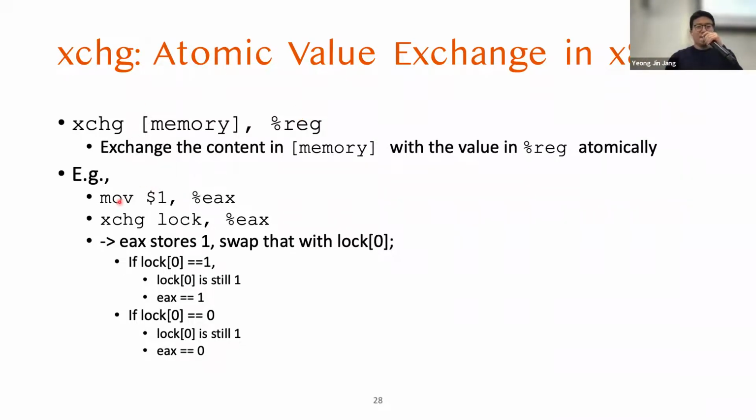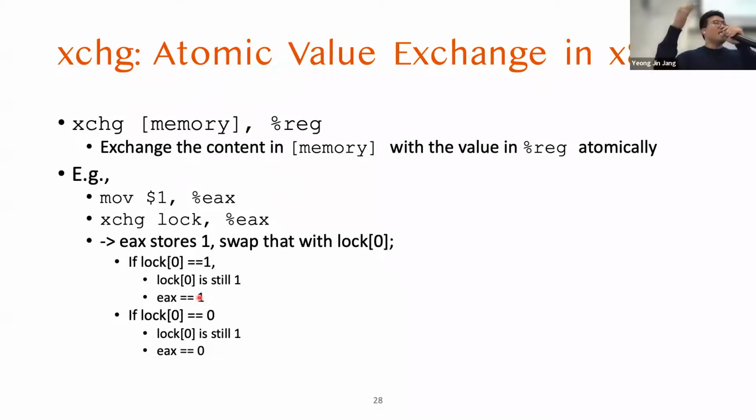For example, we move 1 to EAX and then exchange the lock variable value and EAX. If the previous lock variable was 1, then we write 1 to the lock variable, so the lock variable will be 1. But the interesting thing is that we get the EAX value as the return value of this instruction, which is 1.